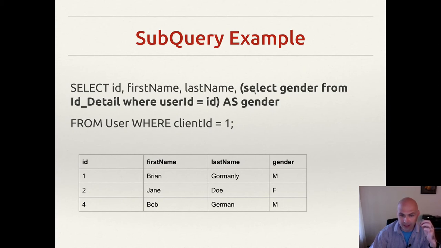And then we're also going to project another query's result. So this internal query is also going to query from the ID detail, right? Notice that there's no reference to ID detail in the outer query. It's only in this inner one here. So this is going to select from the ID detail relation.